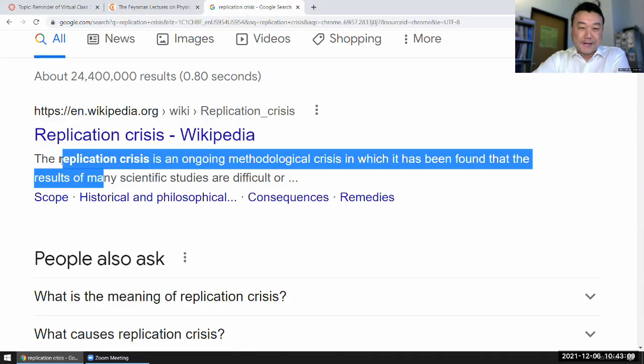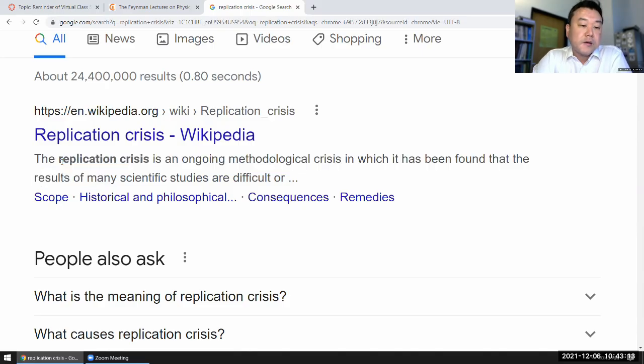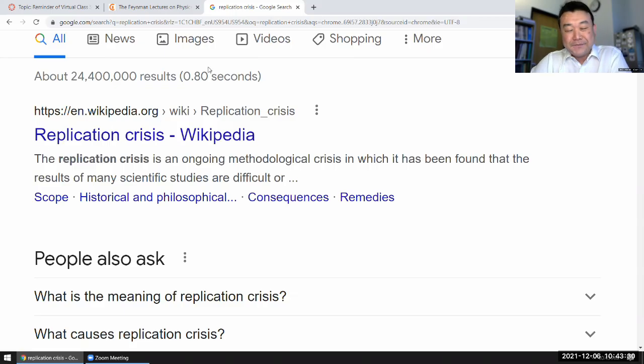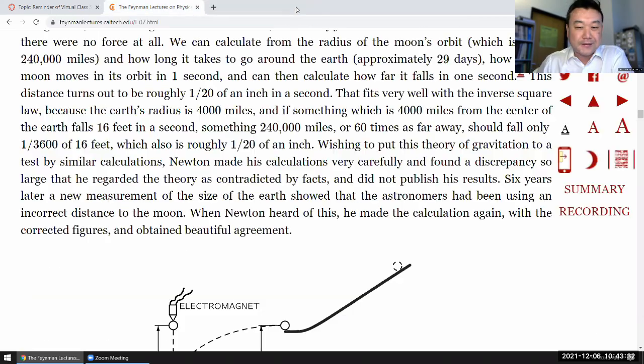It's not something that affects physics all that much, but it's an epistemological problem, a problem of knowledge gathering, because we rely on this scientific process, and there seem to be results that we thought were reliable but apparently are not. So I'll leave that there. It's not really a physics topic.